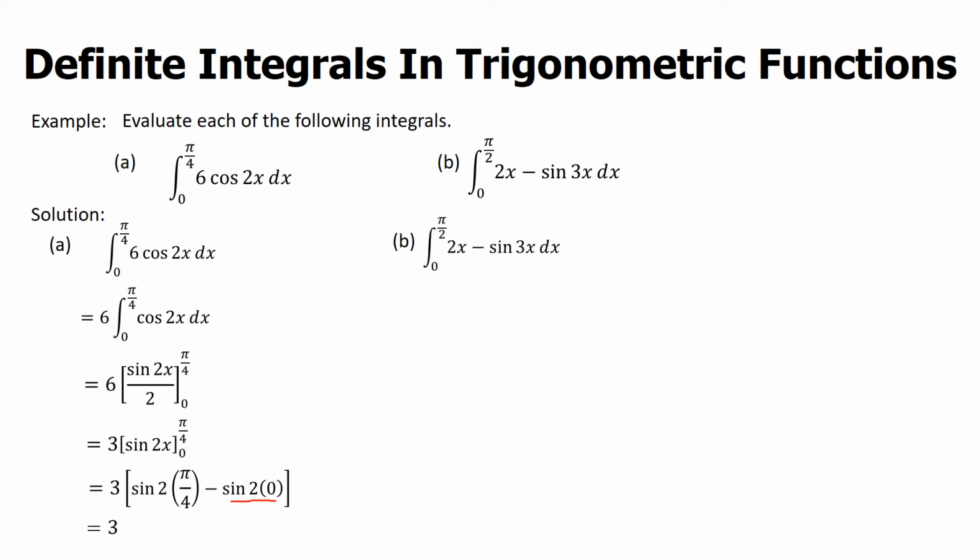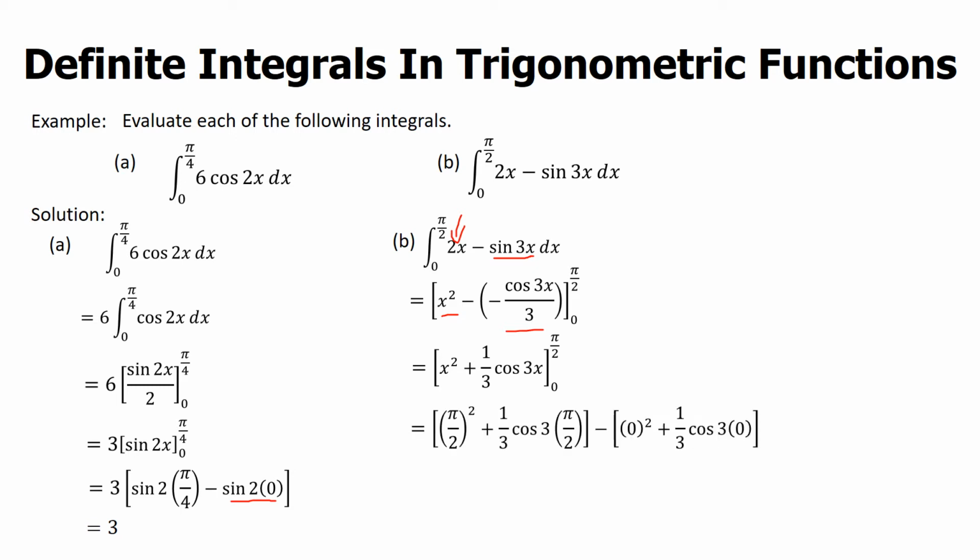For B, integration from 0 to pi over 2, 2x minus sine 3x dx. So we can perform the integration. For 2x, we get x squared. For integration of sine 3x, we get negative cosine 3x over 3, limit from 0 to pi over 2. Simplify, we get x squared plus 1 over 3 cosine 3x from 0 to pi over 2.